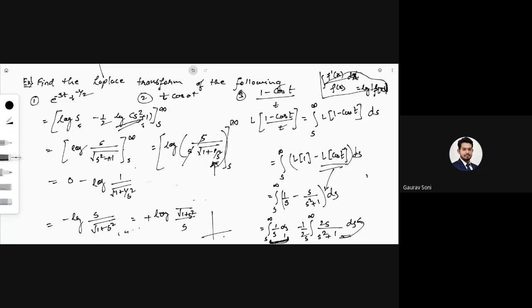Now, I have taken s common from the denominator. So what I have got is 1 plus 1 by s square, and outside the under root, s square becomes s, which will get cancelled out. Now you can put infinity and you can get the answer 0. And the rest is just simplification. Is it clear now? Yes, sir.